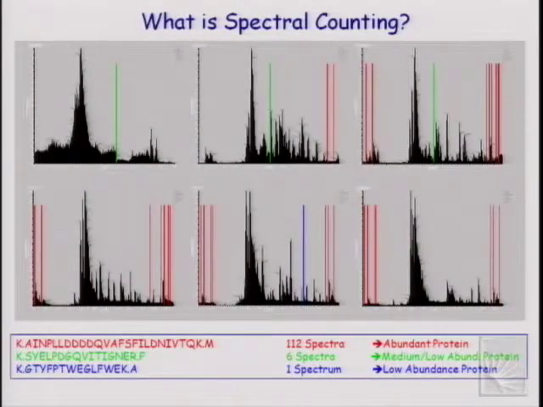In this case, since we're using a repeat count of 2, we're getting 6 tandem mass spectra. That's going to be a medium to low abundance protein. And there's this other peptide here that we get very many, 112 across the course of analysis, and that's going to be a highly abundant protein. So we're using this range of spectra and this range of peptide matches to do our quantitative analysis.